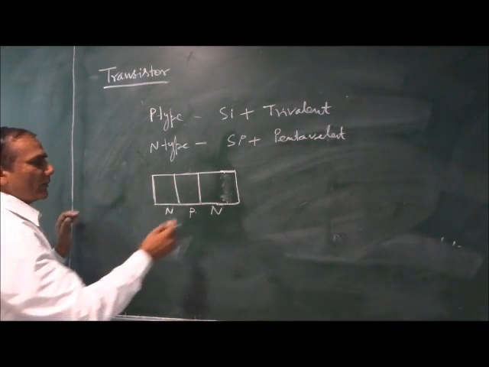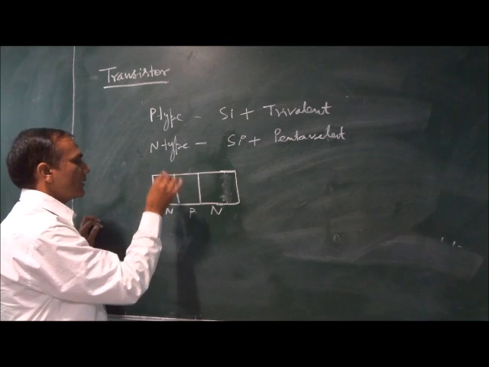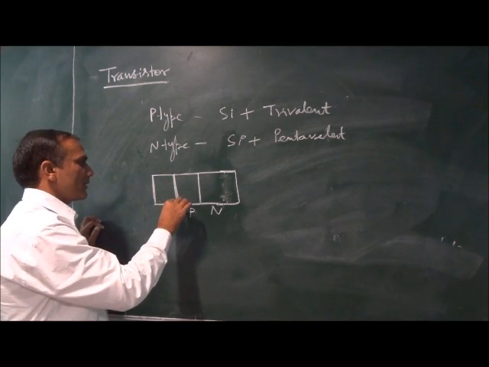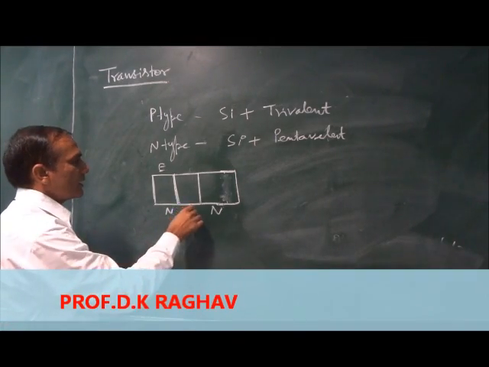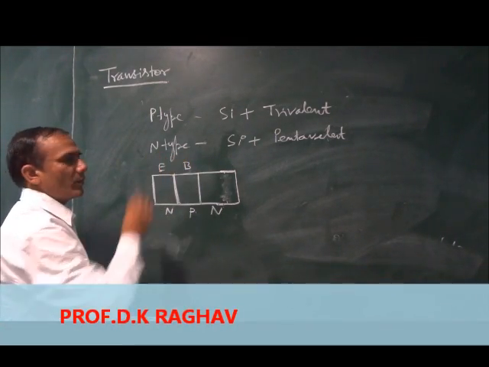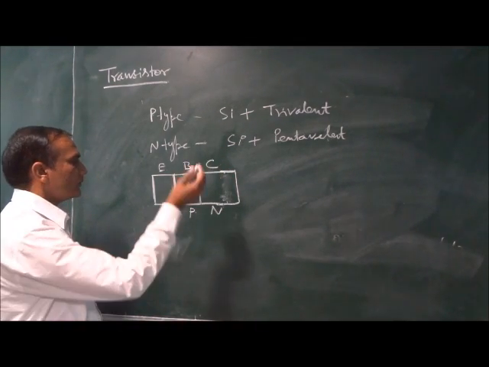Then one structure is formed here. Now structure will be known like this. This region, first region, N type region, this will be known as emitter. The second region here will be known as base, and this region is known as collector.